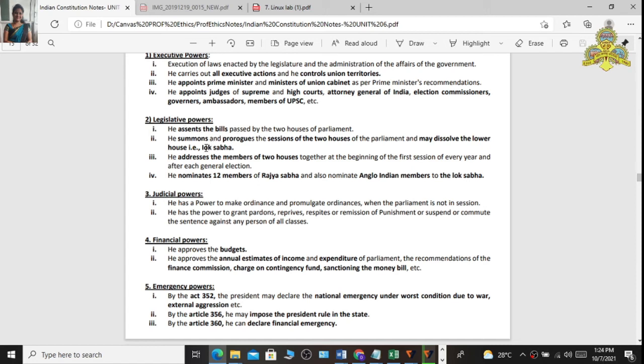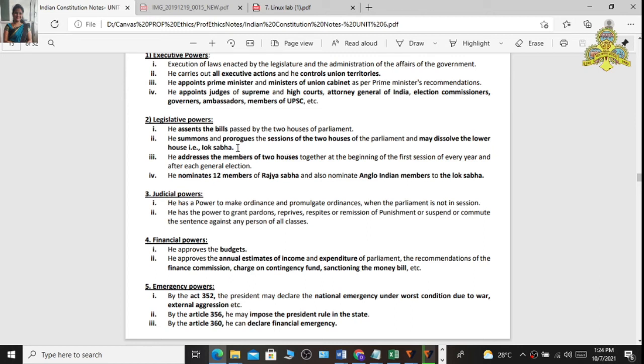He has a power to summon or prorogue different sessions of the houses. He can arrange the sessions of Lok Sabha and Rajya Sabha, and he has the power to cancel those sessions also.